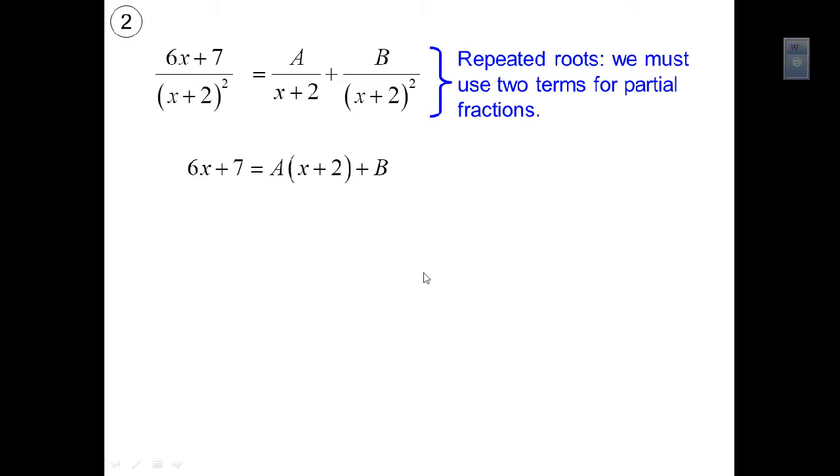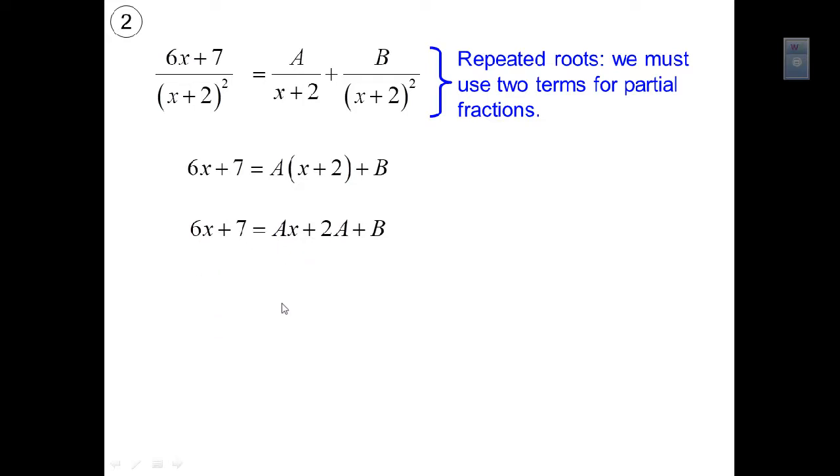So now this is going to make things really easy to solve, because notice we have no constant, we have no x value with b. So when we distribute the (x+2) to the a, we're going to have ax plus 2a plus b. Hopefully you can see this already. That means that a has to be 6.